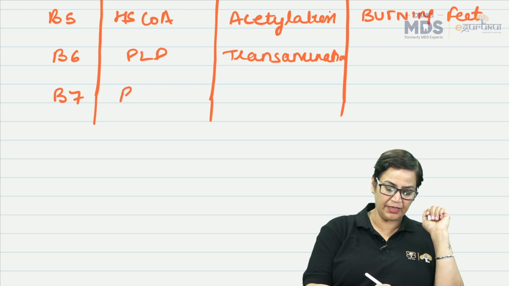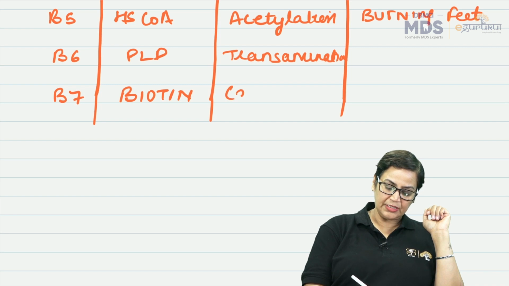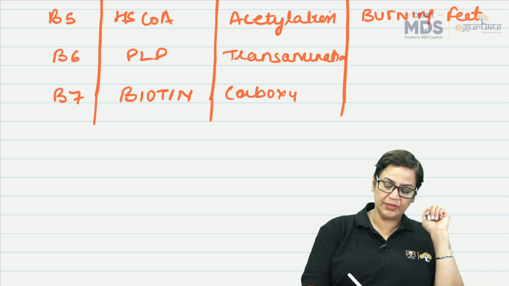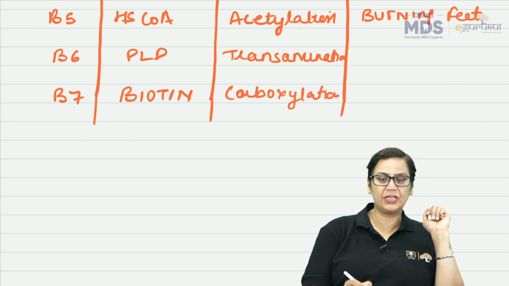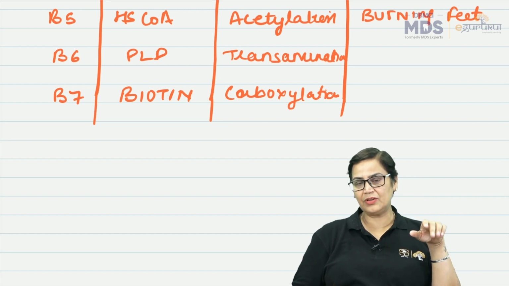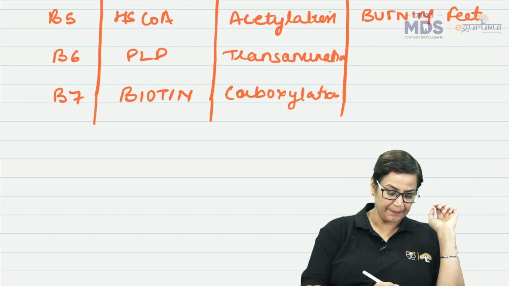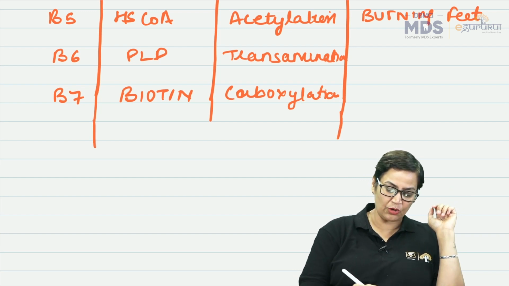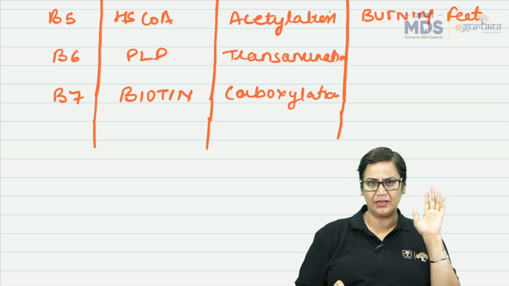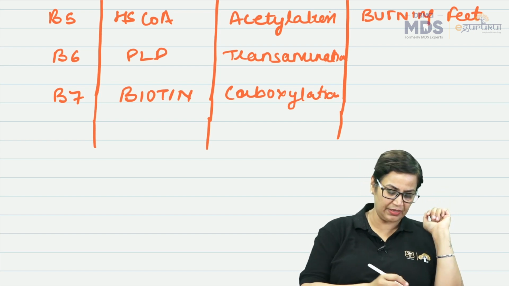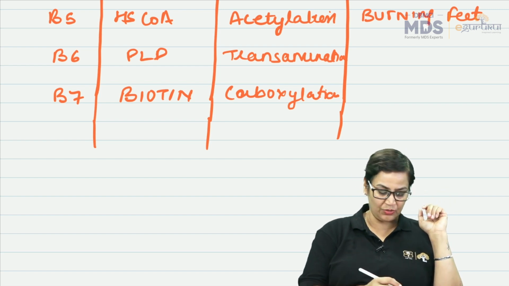B7 biotin. Carboxylation we have again studied about carboxylation reactions which require B7 and carboxylation reactions which do not require B7. Alopecia and all or multiple carboxylase deficiency is there due to B7 and it is also known as tomcat urine.